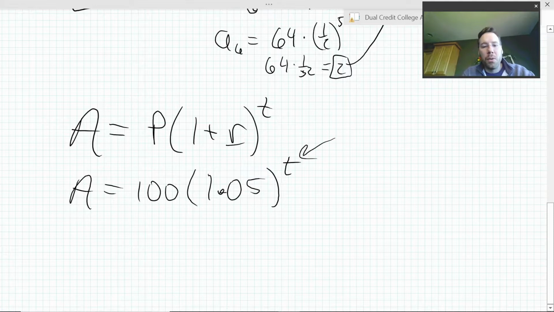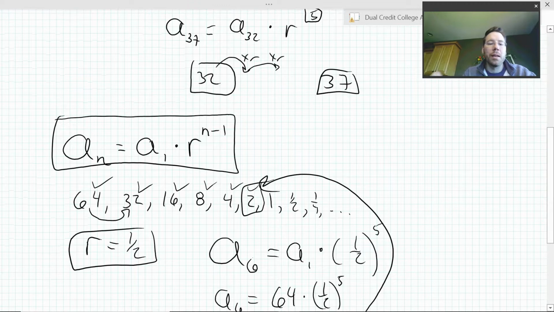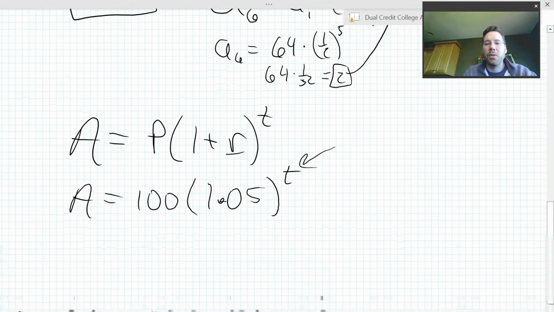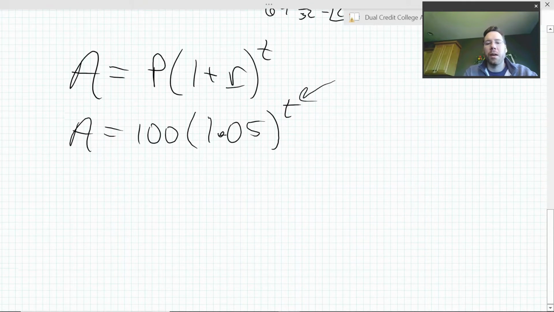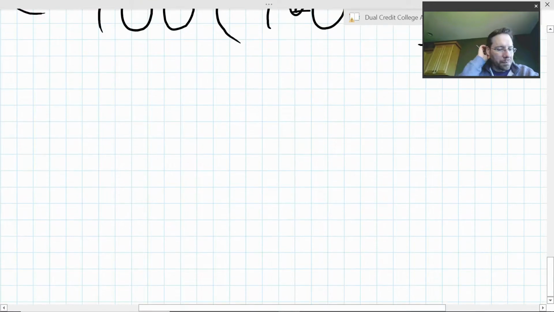But really what you're doing is you're multiplying by an additional 1.05 again, which is exactly what geometric is all about, multiplying by an additional value again. Okay, so just making that connection that that compound interest stuff is a geometric pattern. It's a multiplication pattern, and we've seen that, but I'm just showing that here.